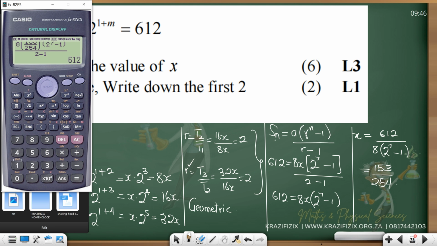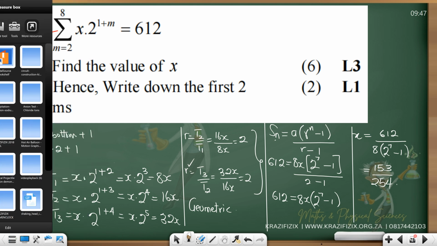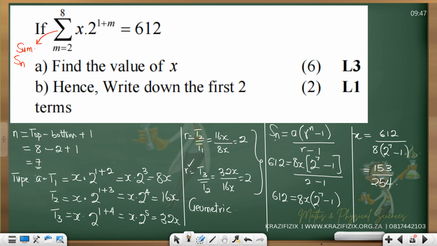So I substituted my x back into the formula, and I added by using the formula. So if I add the first 7 numbers, I'll get 612. So we're perfectly okay. Don't let our answer scare us.